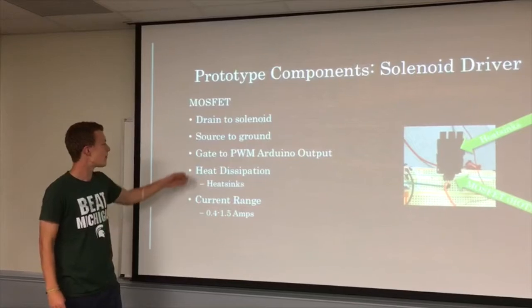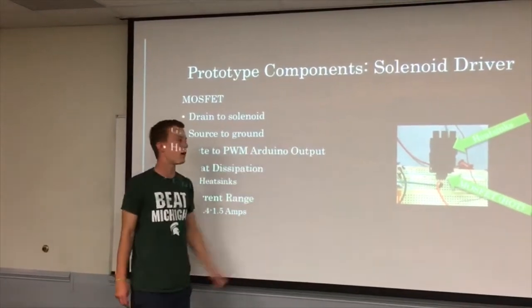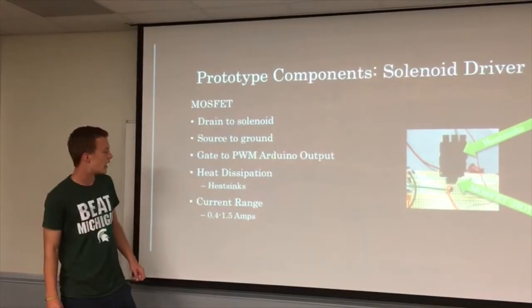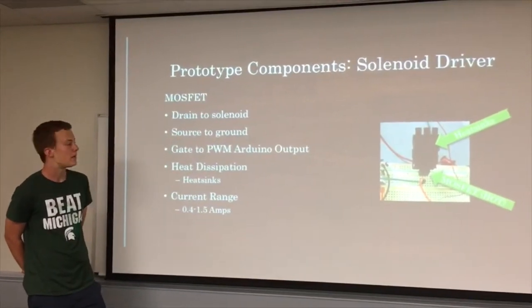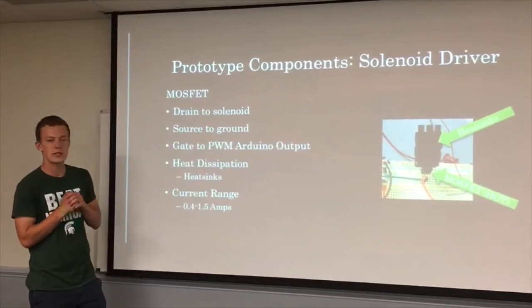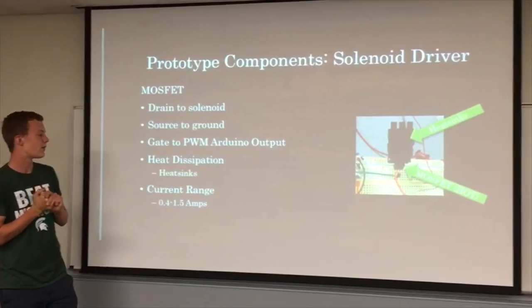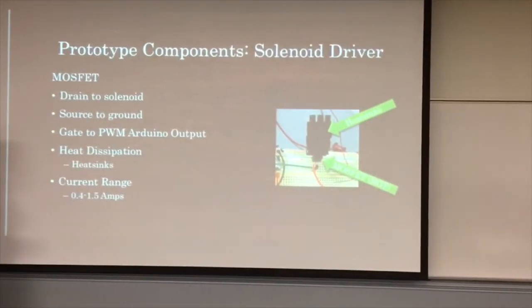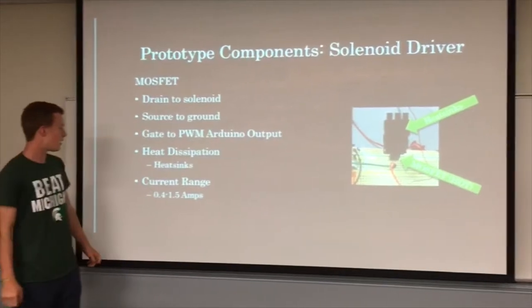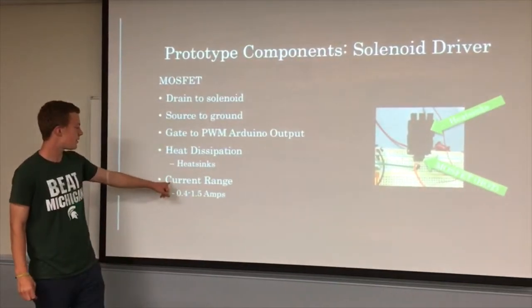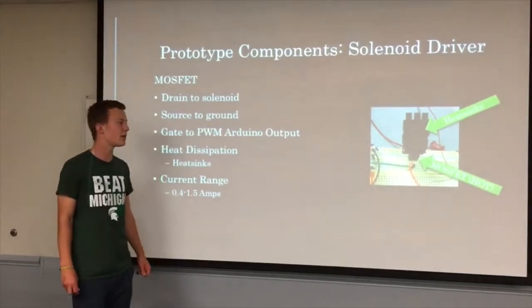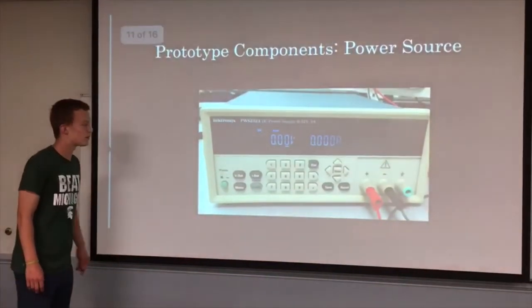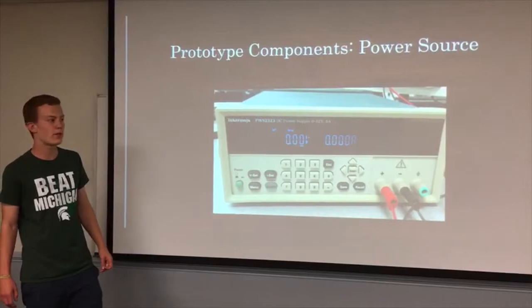And also, as we can see over there, we had to put some heat sinks onto the MOSFET because the heat dissipation was very high. Our current range was from 0.4 to 1.5 amps. We see just the voltage source that we powered the solenoid with.